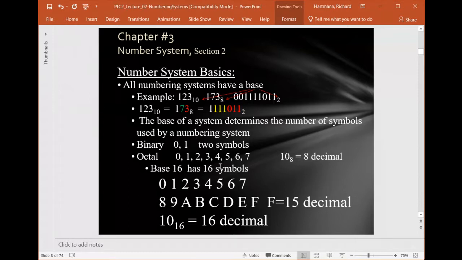And if we do hexadecimal, 4 bits will represent that. I'll show you that here later.